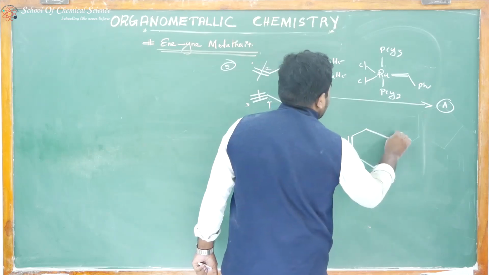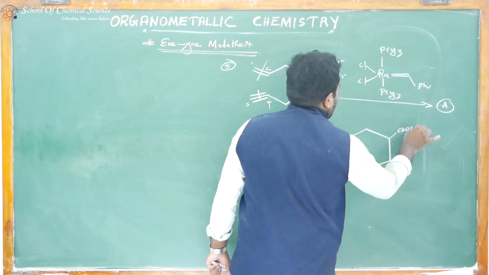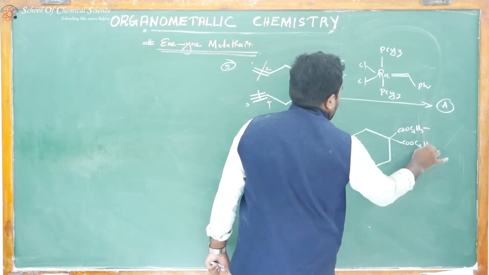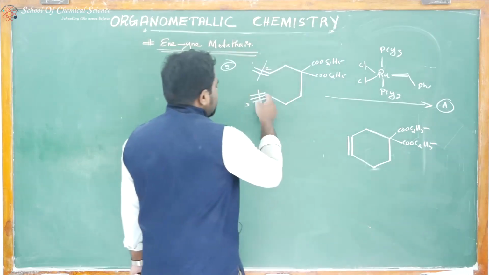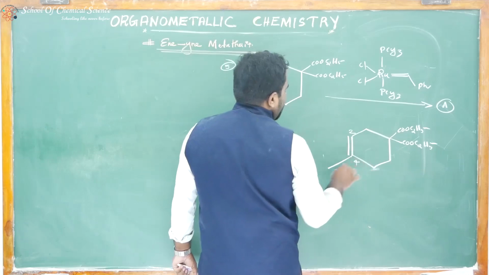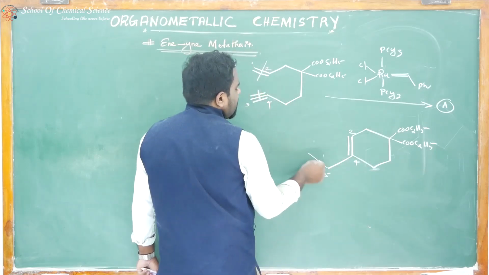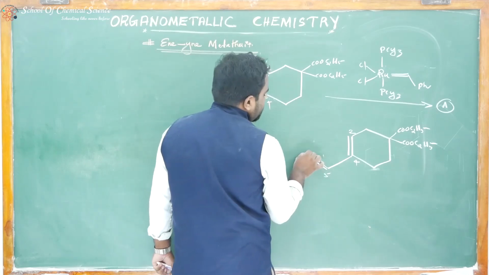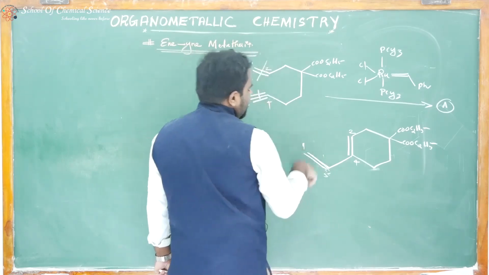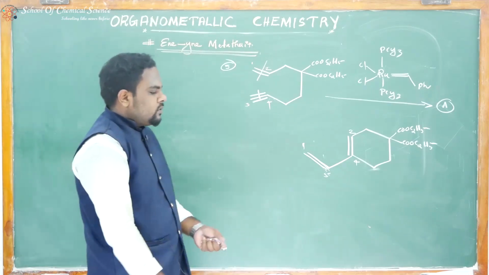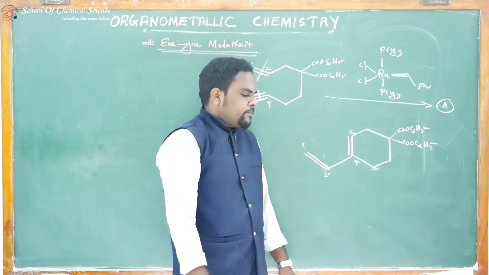At this carbon COOC2H5, here also COOC2H5. This 4 is connected to 5. This is 2, 4. 4 is connected to 5 by a single bond. And between 5 and 1, a new double bond. So that will be your final product. So that's a nice question.